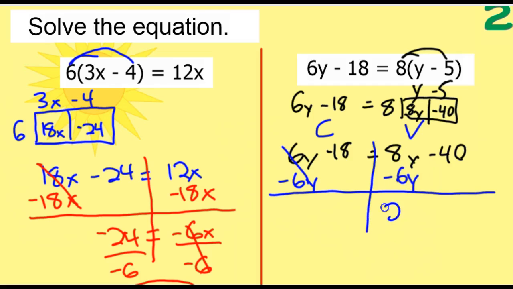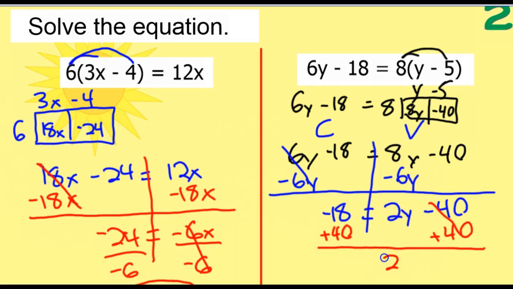8y minus 6y gives me 2y minus 40 equals negative 18. Now I'm going to move my constants over to our constant side by adding 40. The opposite of negative is to add.